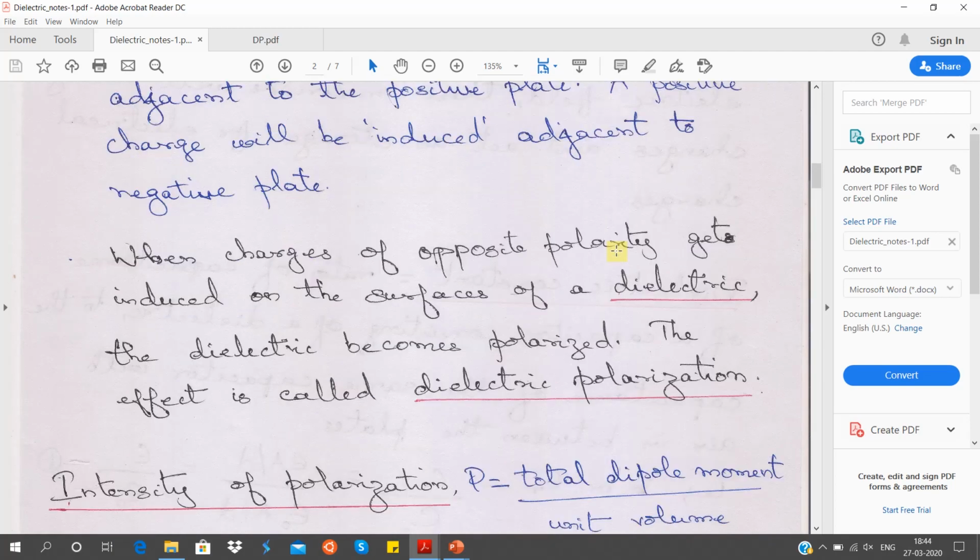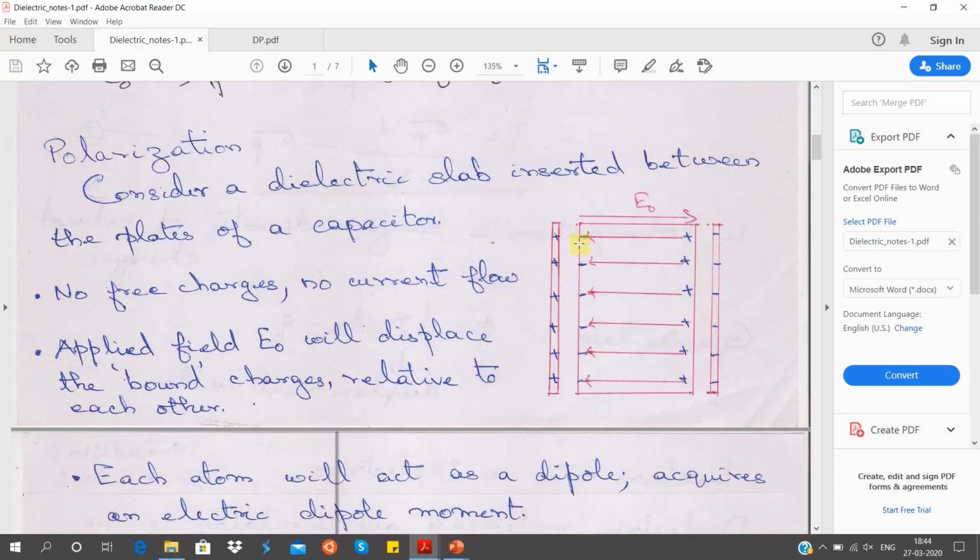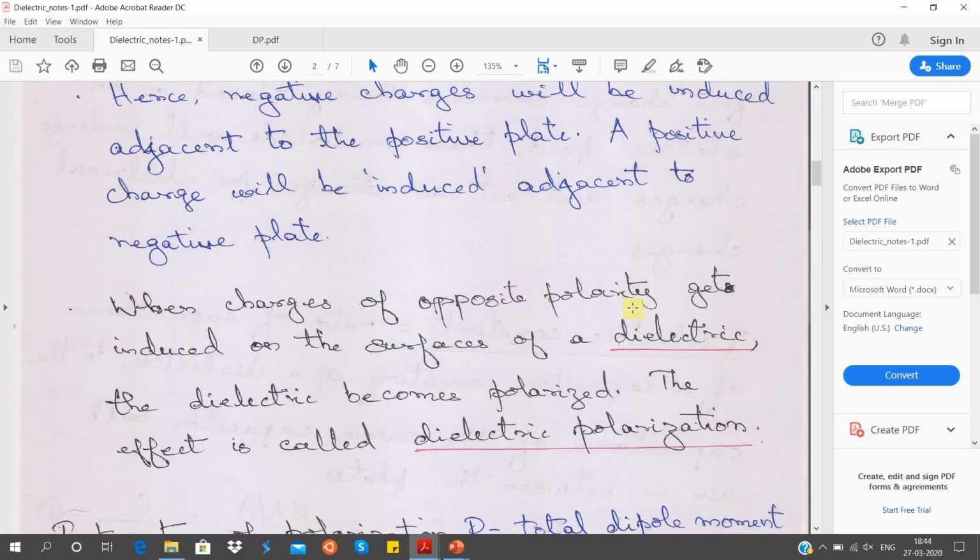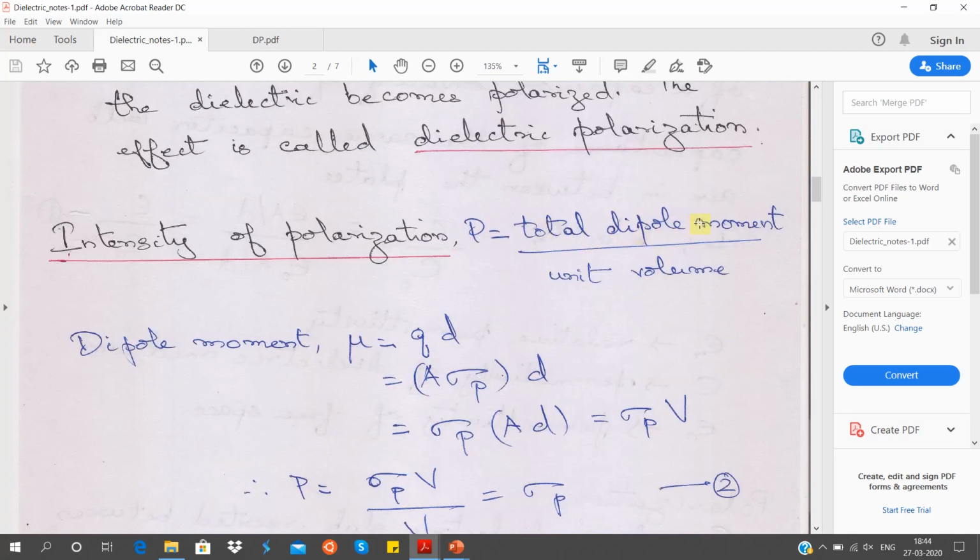That means I'll get n into mu, where mu is the electric dipole moment, and n into mu becomes the total dipole moment within this material. Now if I consider the total dipole moment over the unit volume of the material, then I can define it as the intensity of polarization, or polarization, given by the letter P. So total dipole moment divided by unit volume becomes polarization.